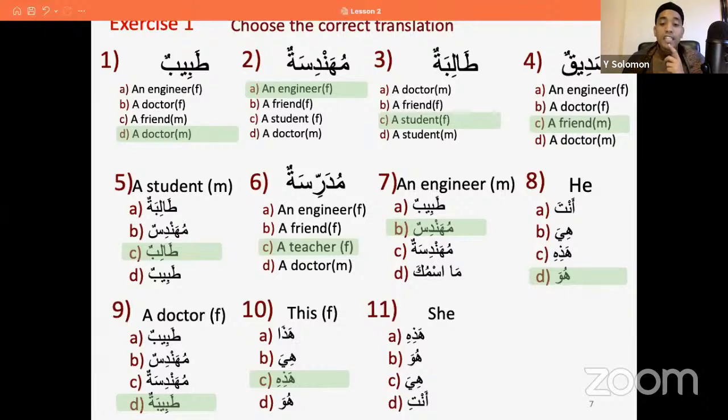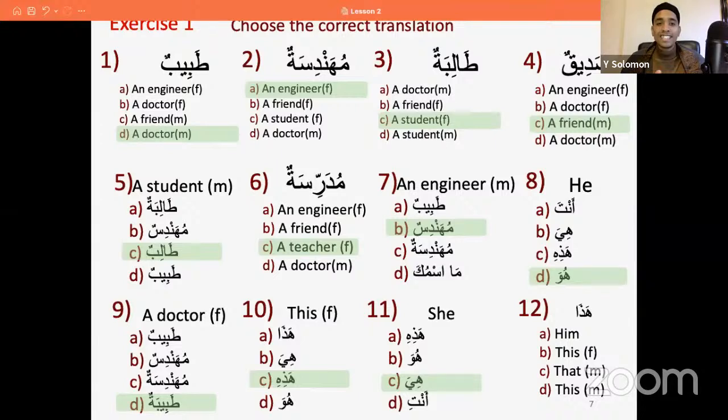Is it hadihi? Is it huwa? Is it hiya? Is it anti? Excellent. Okay, the last one for this exercise is hada. Is this "him"? Is it this female? Is it that male?